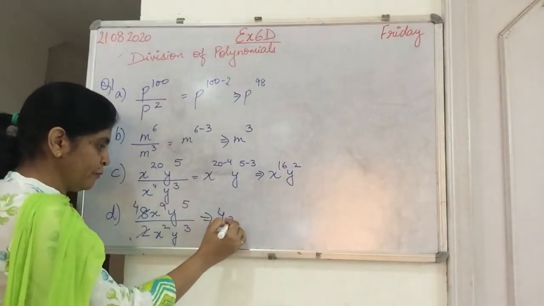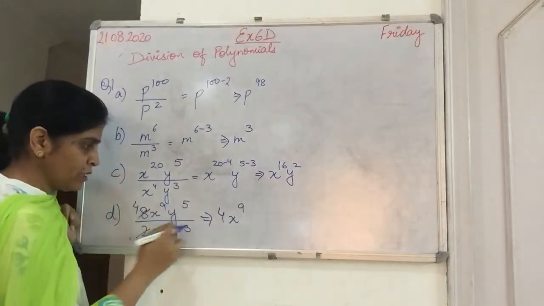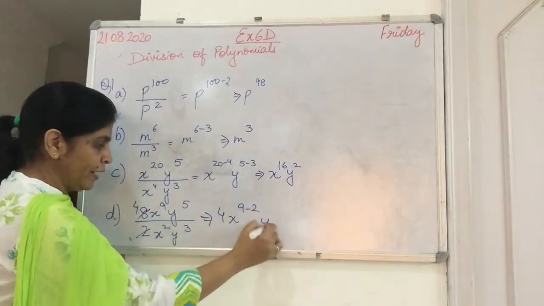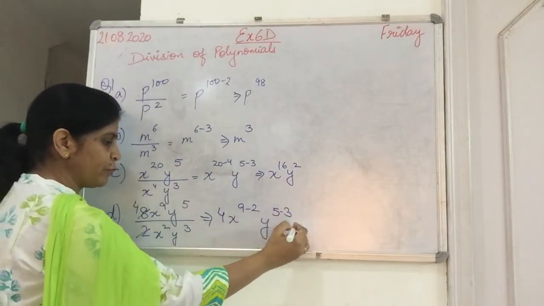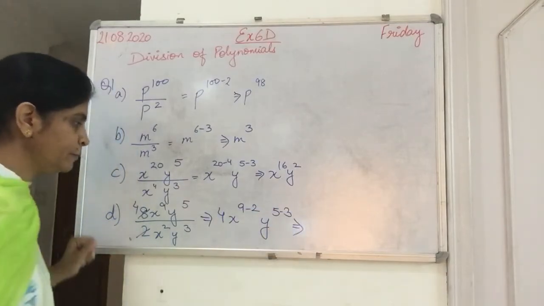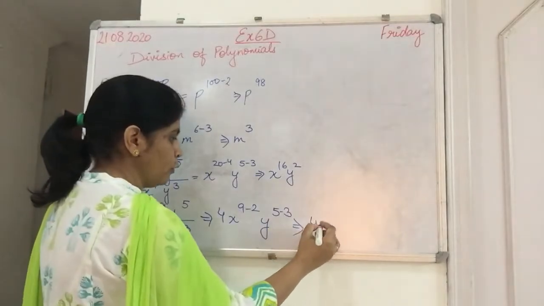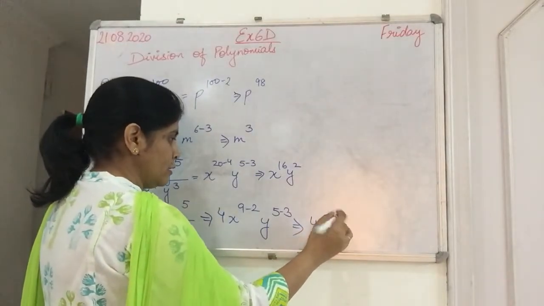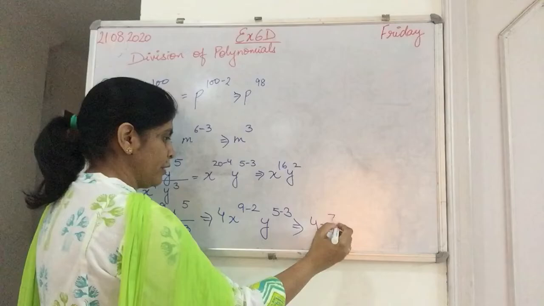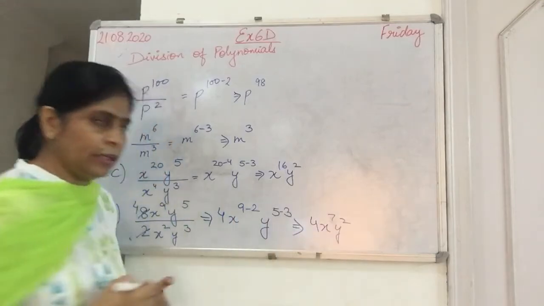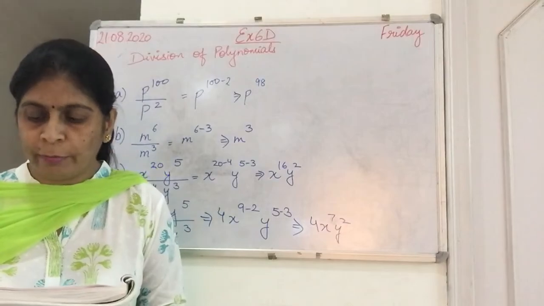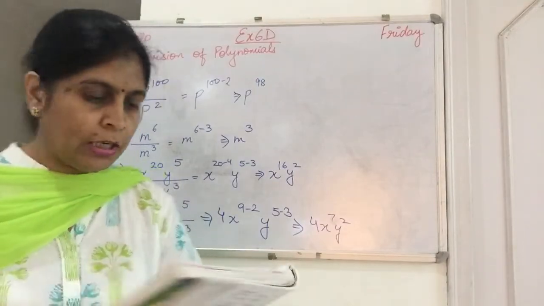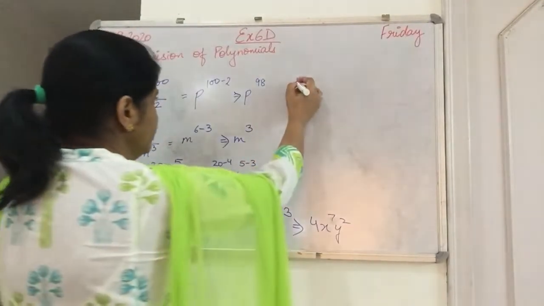So 4 x raised to the power 9 minus 2, y 5 minus 3. This is the second law of exponent. So the answer will be 4 x raised to the power 7 y square. Clear?